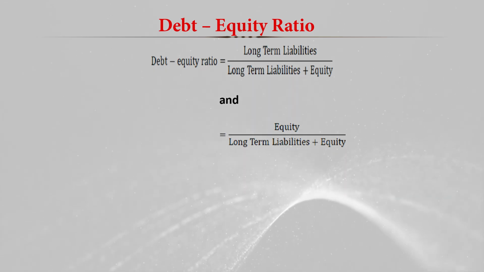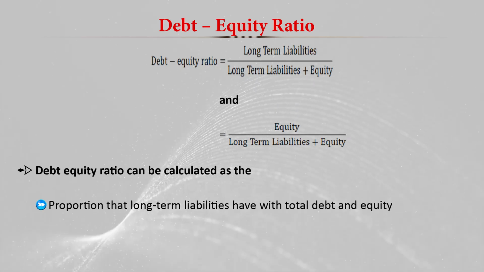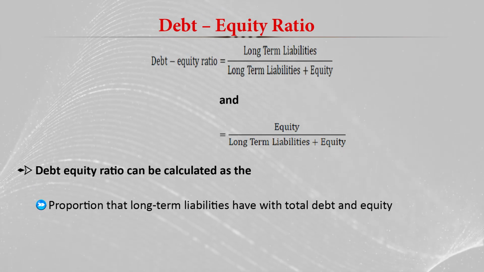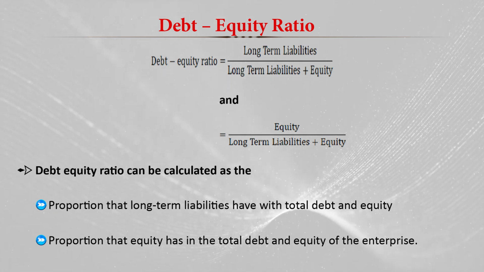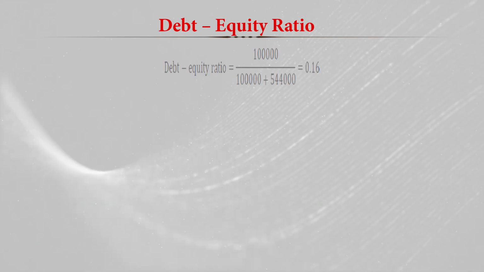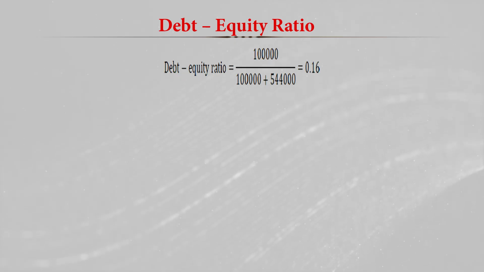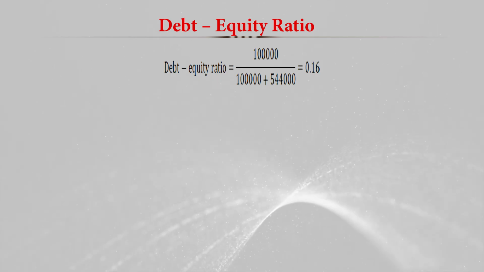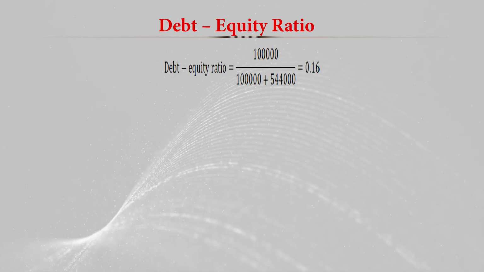So, the debt equity ratio can be calculated as the proportion that long term liability has with the total debt and equity, and the other ratio is the proportion that equity has in the total debt and equity of the enterprise. In case of our dal mill example, the debt equity ratio is 1 lakh divided by 1 lakh plus 5 lakh 44,000, that is 0.16.